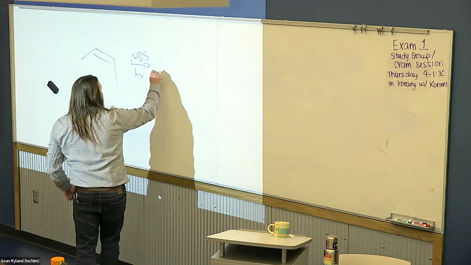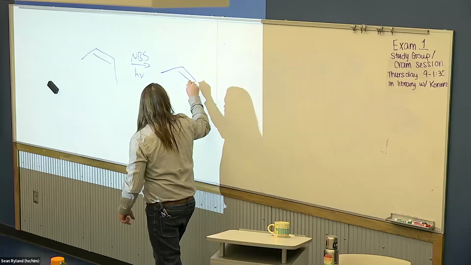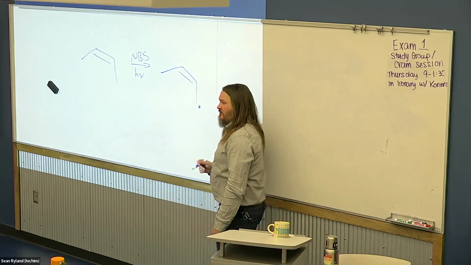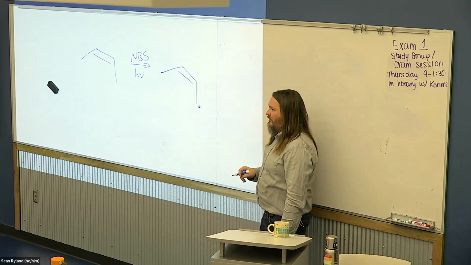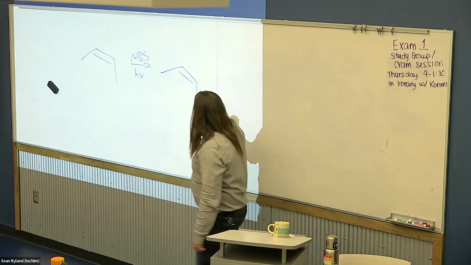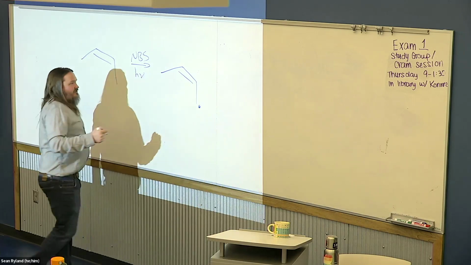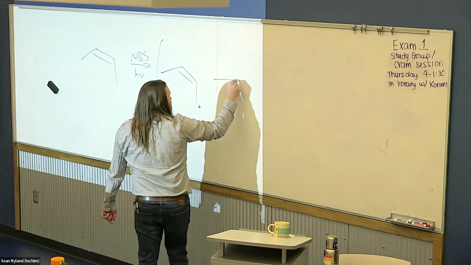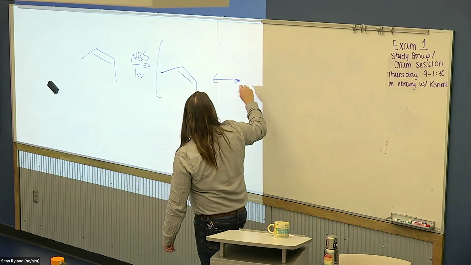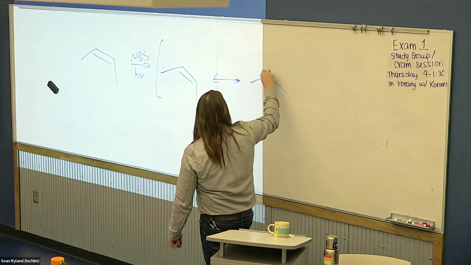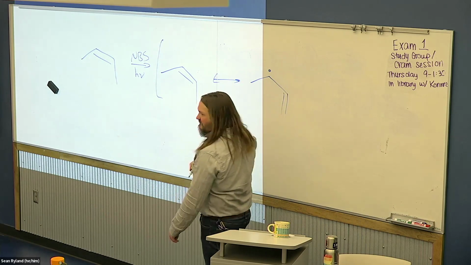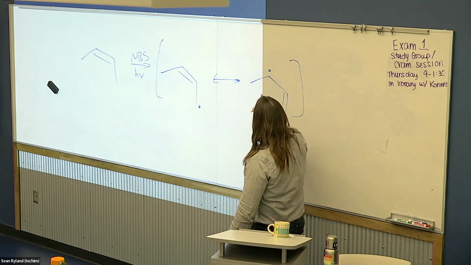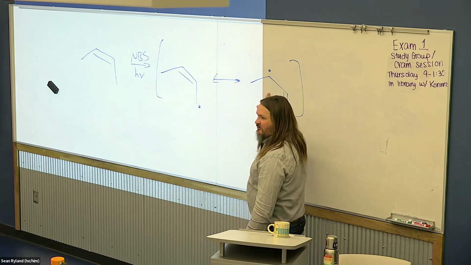So our intermediate is going to look like this, and I made them symmetrical on purpose, so we don't need to worry about the other wrinkle. So this is one of our resonance structures, but our other resonance structure is going to look like this. This is the more stable resonance structure, to your point.